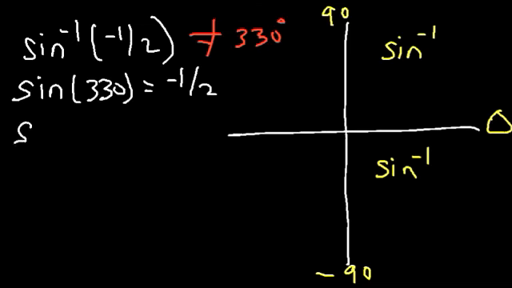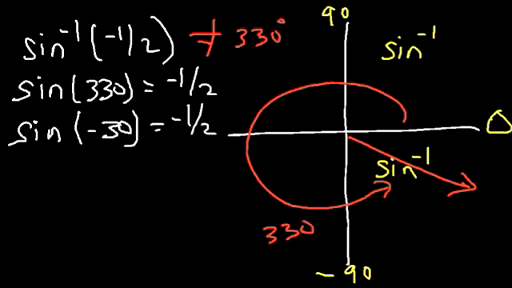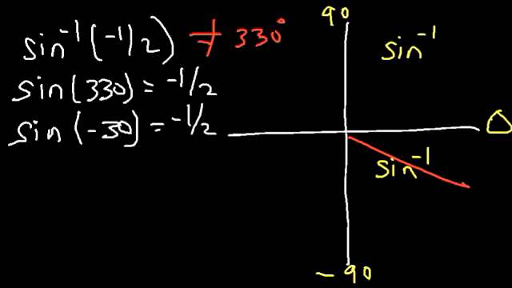Now, sine of negative 30 is also negative a half. Negative 30 and 330 are coterminal angles. They're both right here. You can go 330 in this direction, or you can go negative 30 in this direction. So they're coterminal angles. They differ by 360. So they're both in quadrant 4.